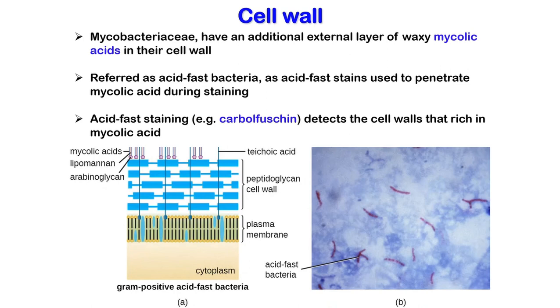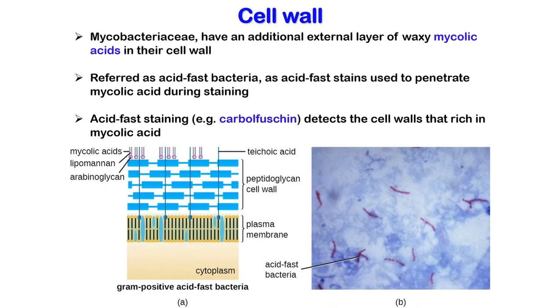And as well as being difficult to stain, mycobacteria are also difficult to treat, and they don't really respond to conventional antibiotics, and instead you need specialised antimicrobial drugs or antimicrobial regimens to kill those. One mycobacteria you might have heard of is TB, tuberculosis, so that's a type of mycobacteria.